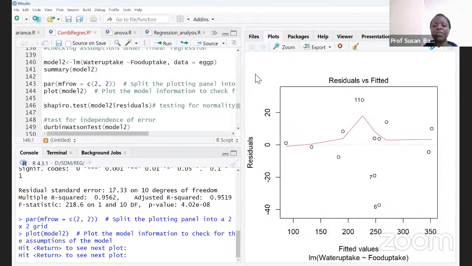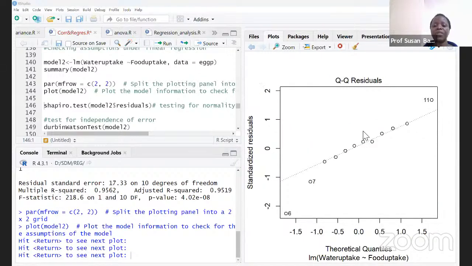Let me explain this QQ plot. The QQ plot is for normality. You see a dotted line, and if the residuals follow it, they follow a normal distribution. Still in the graph, you can see that points 6, 7, and 11 have been highlighted, meaning that they are possible outliers. We shall see about that. Once points fall on the dotted line, then our data is normally distributed.